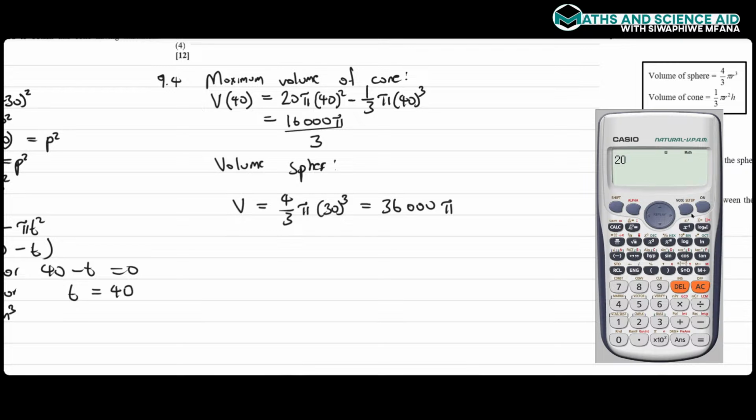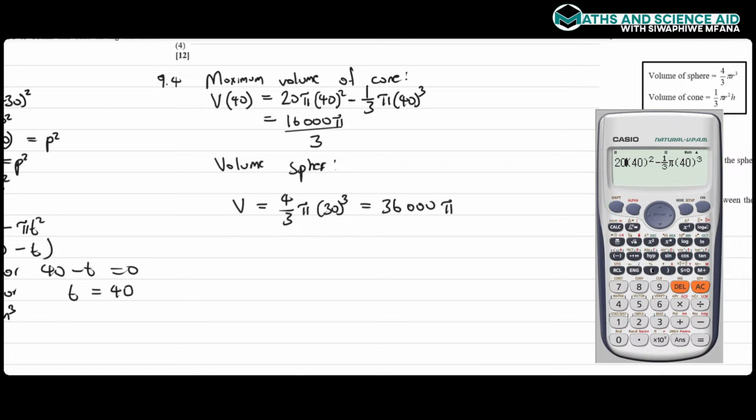So that's 20 into 40 squared, minus 1 over 3 pi into 40 cubed. Oh, I forgot the pi here.